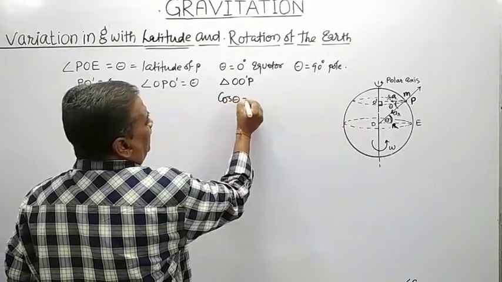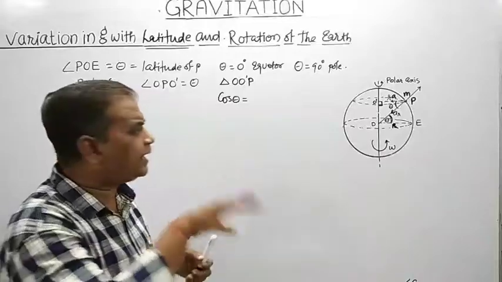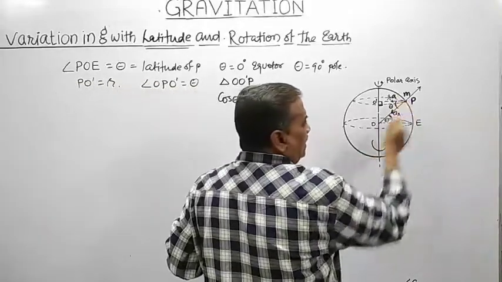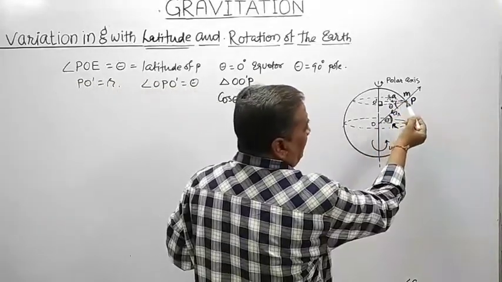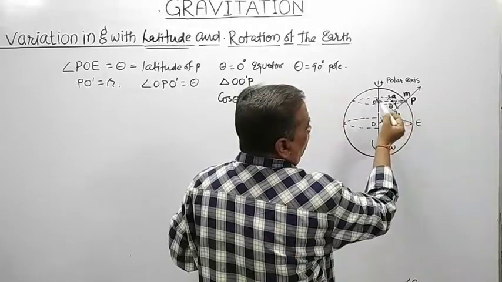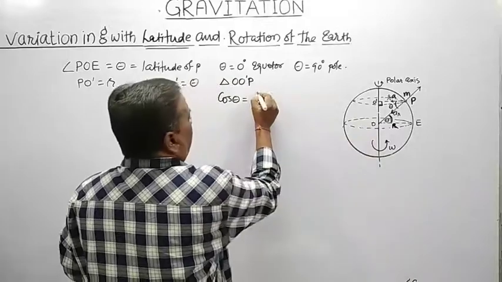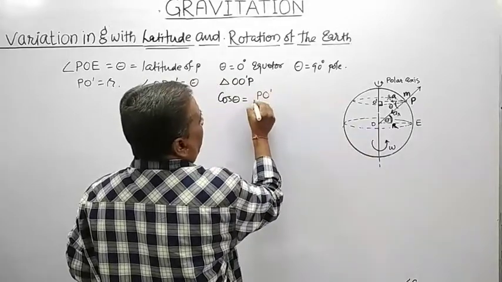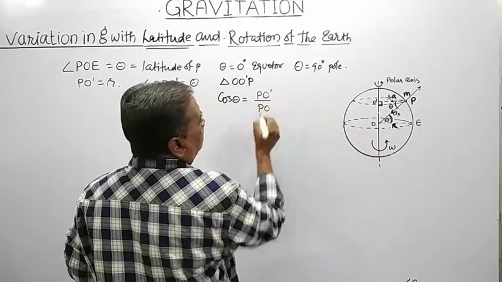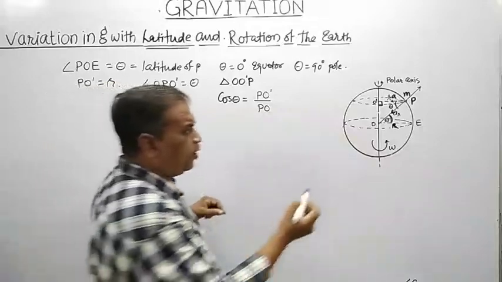Cos of theta is equal to adjacent side. See here, this angle is theta. So what is the adjacent side? This is PO dash. And what is hypotenuse? PO. So PO dash divided by PO. But what is PO dash?